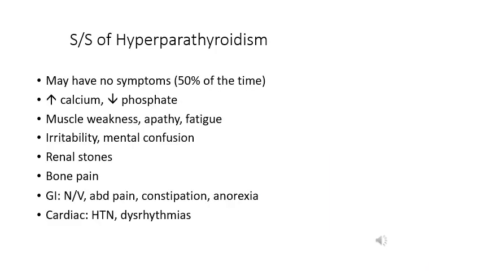So signs and symptoms of hyperparathyroidism basically will be signs and symptoms of hypercalcemia and or signs and symptoms of low phosphate. Primarily though, if we look at the third and fourth bullet here, muscle weakness, fatigue, irritability, confusion, those are some signs and symptoms of hypercalcemia.